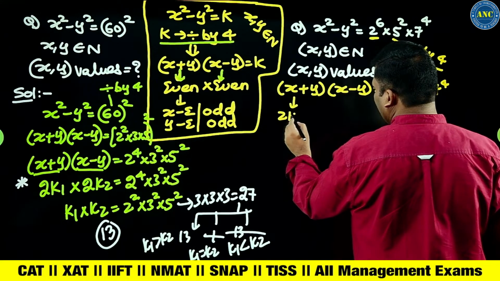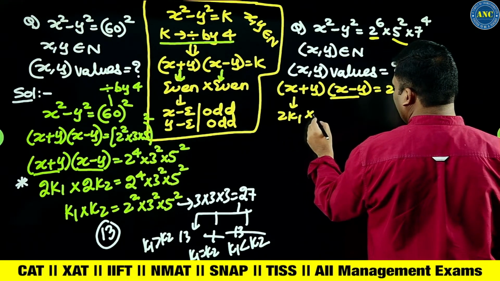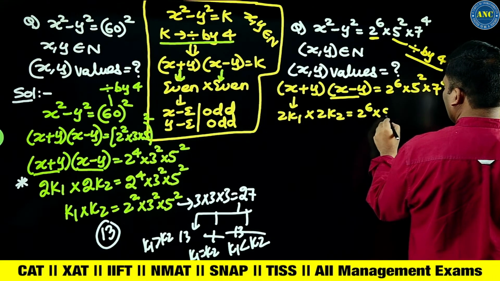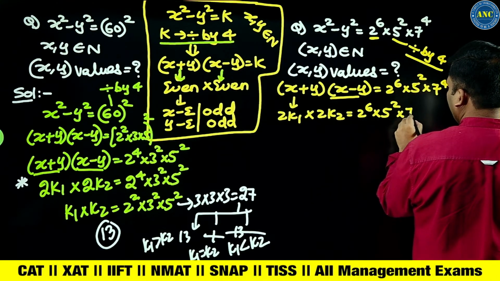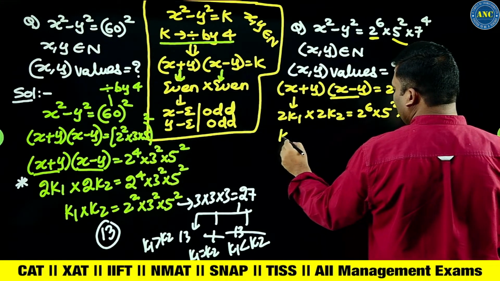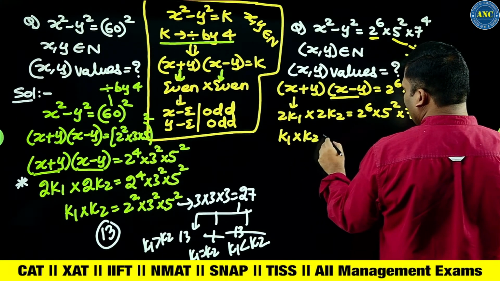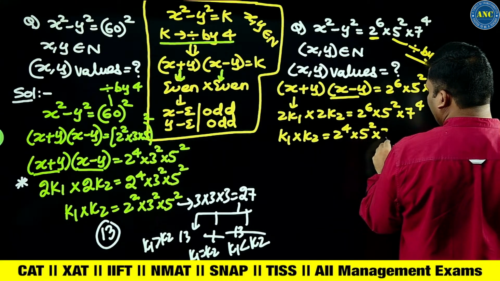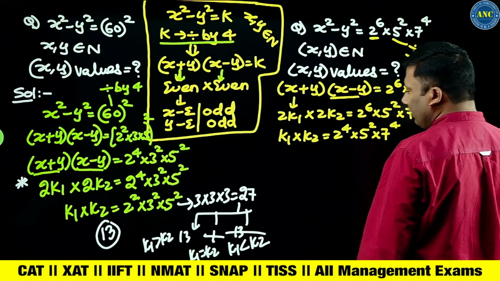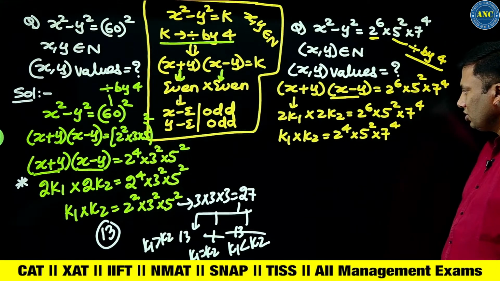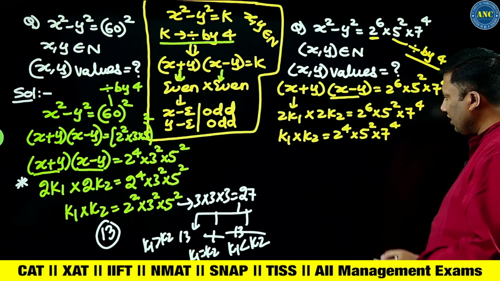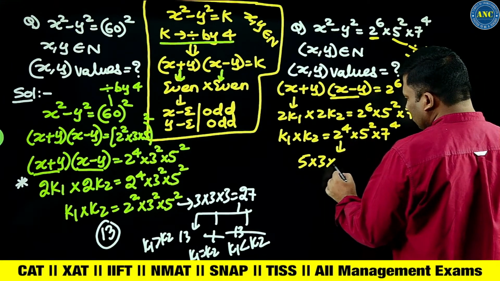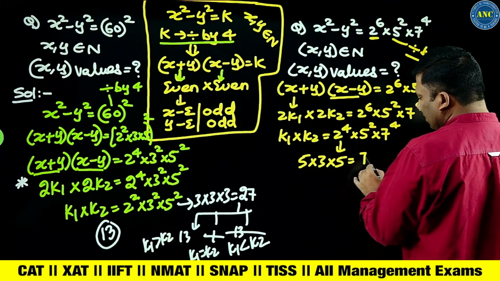It is 2k1, this is 2k2. 2k1 into 2k2 is 2 power 6 into 5 square into 7 power 4, so k1 into k2 will be 2 power 4 into 5 square into 7 power 4. How many cases? 0 to 4 gives 5, 0 to 2 gives 3, 0 to 4 gives 5. 5 into 3 into 5 is 75.